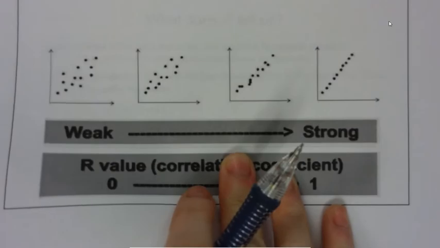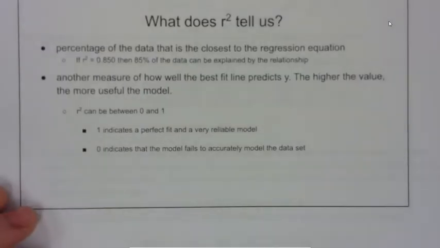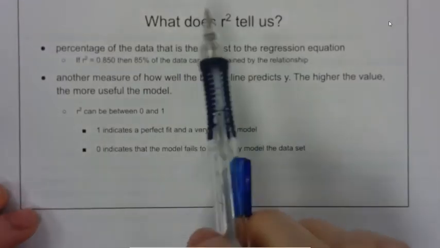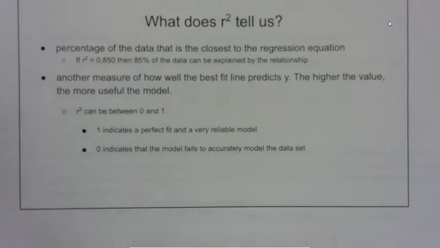If it's not linear, I'm going to look at R squared. So if it's quadratic or if it's exponential, I'm going to look at R squared. And this tells me the percentage of the data that is the closest to the actual regression equation that we've been given.